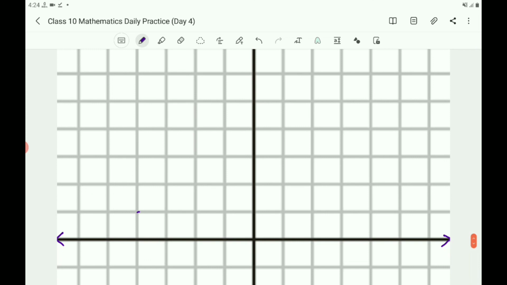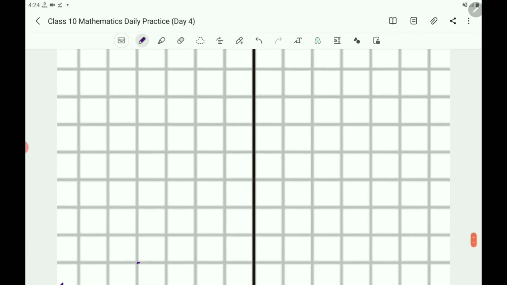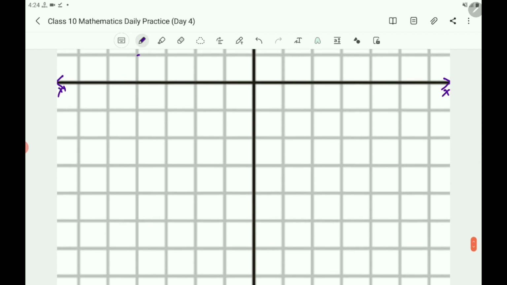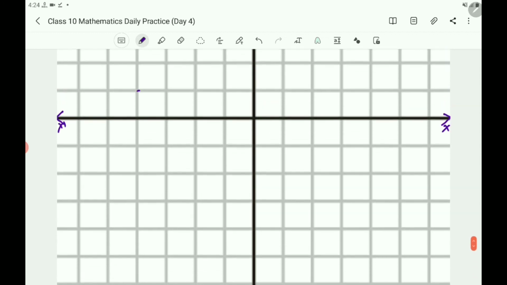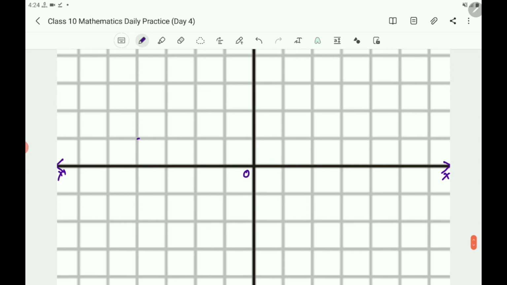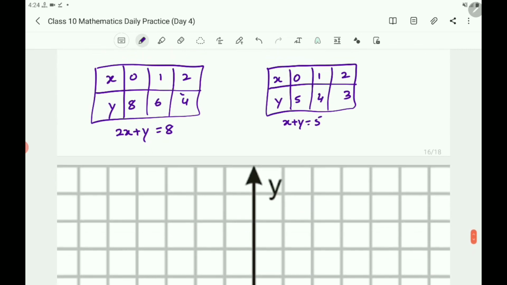Draw the two perpendicular axes, x, x dash and y, y dash. Now this is the origin. Here you observe the maximum and minimum.